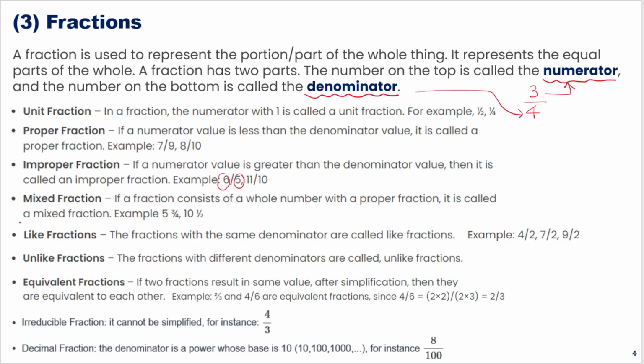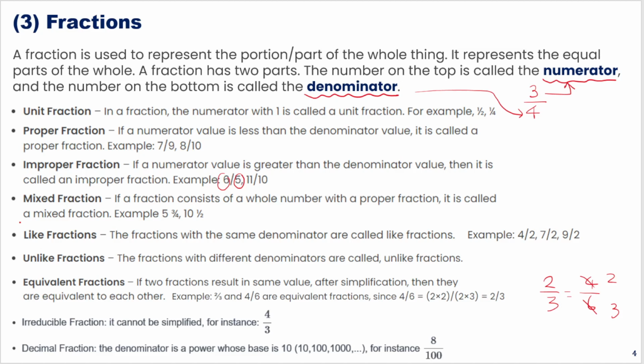Equivalent fractions means if two fractions result in the same value after simplification, then they are equivalent to each other. For example, 2 over 3 and 4 over 6 are equivalent fractions, since when you simplify 4 over 6, you will get 2 over 3 as well, right?